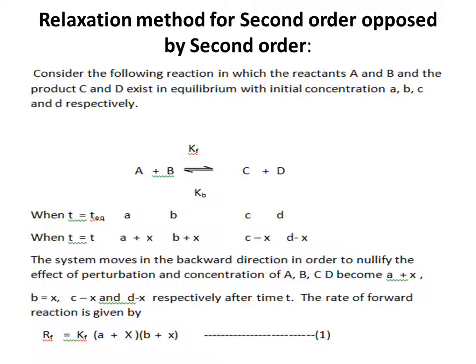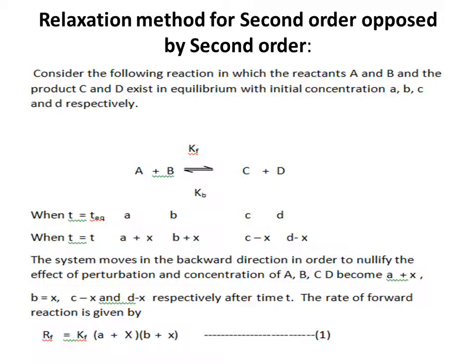Since the reaction was already in equilibrium, at T is equal to T equilibrium, concentration of A is equal to A and that of B is equal to B and that of C is equal to C and D is equal to small d.